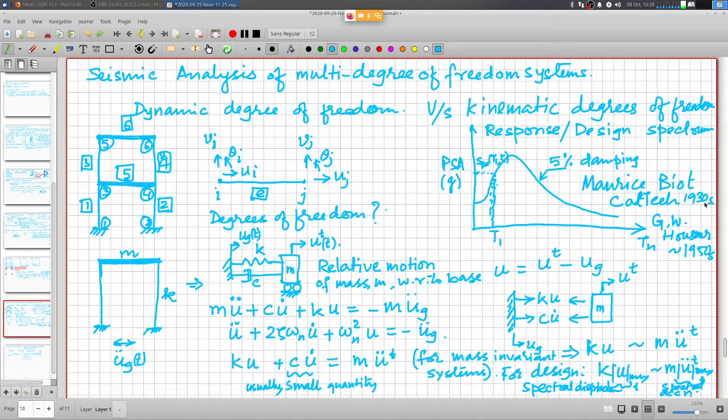Then Housner developed this concept further, showing how response spectrum can be used for calculating earthquake design forces. That was a very revolutionary idea. It made design for earthquake forces very simple, and that formed a major leap. Remember, I told you the first earthquake resistant regulation was the recognition of 10% of the seismic weight applied at the top.